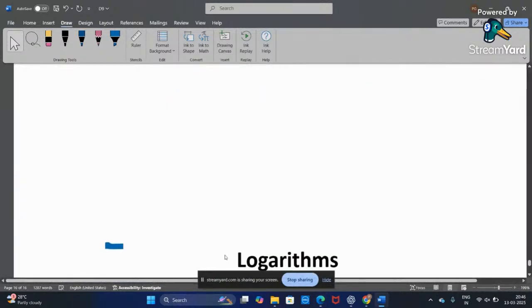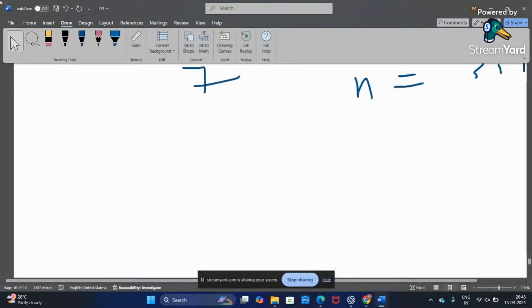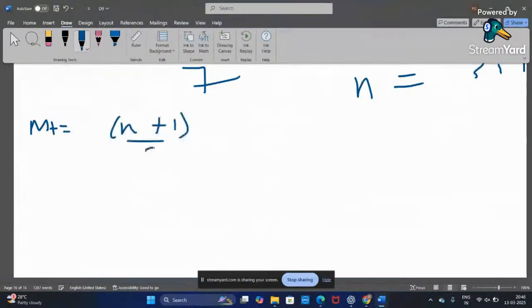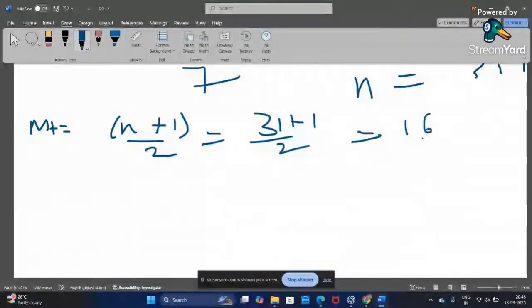We need space to solve. Okay, I'll start from here. To find the middle term, let us take MT as (n plus 1) by 2. We know n is 31, so 31 plus 1 by 2 is 32 by 2, it is 16. The middle term is 16.